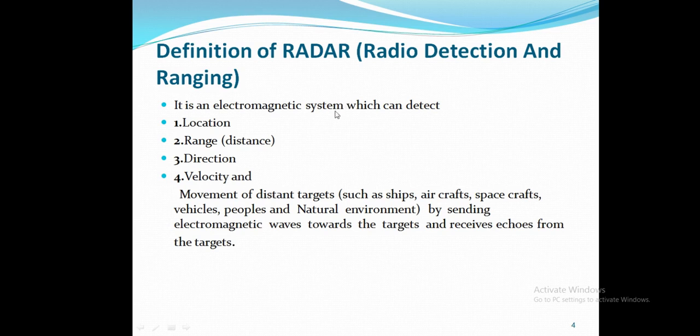It is an electromagnetic system which can detect the location, range, direction, velocity and movement of distant targets, that may be ships, aircraft, spacecraft, vehicles, people and natural environment, by sending electromagnetic waves towards the target and receiving the echoes from the targets.